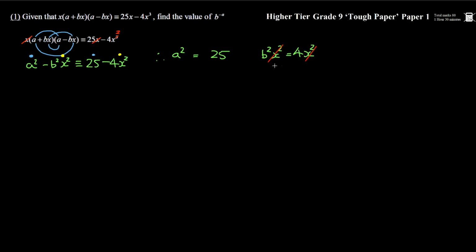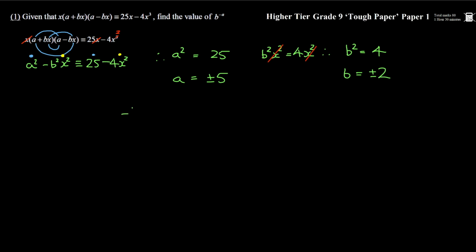Both the x squared terms will disappear and cancel each other out, so I've got two expressions in a and b. A is equal to the square root of 25, which is 5, but remember this could be plus or minus 5. And b also, the square root of 4 is 2, but b could be negative 2 as well, so this is also plus or minus.